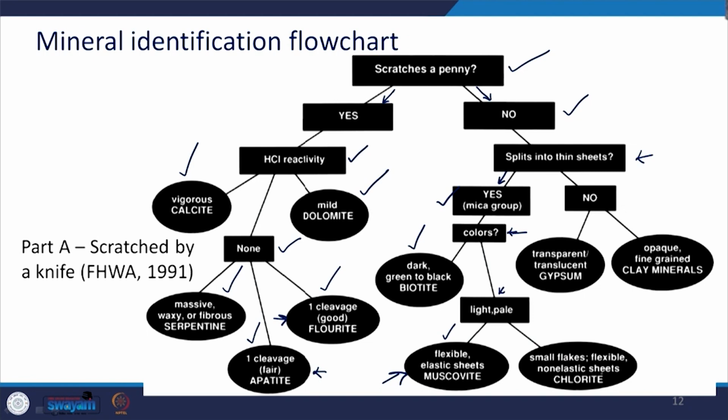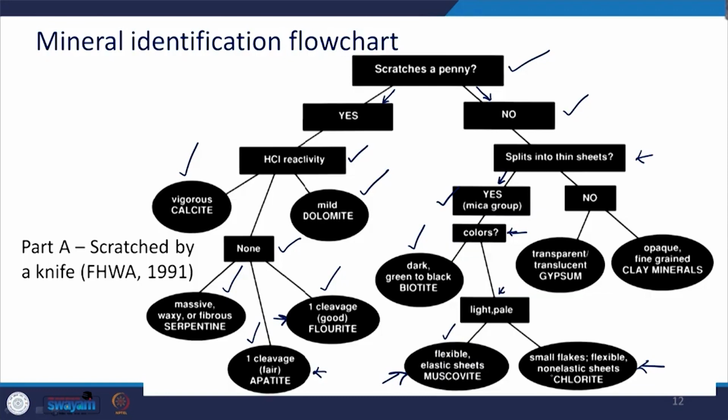But if these are small flakes, that means flexible and non-elastic sheets, then it is chlorite. So, you see, in a sequence following this flow chart, you need to take one step at a time and take the decision for that particular step before going to the next one.